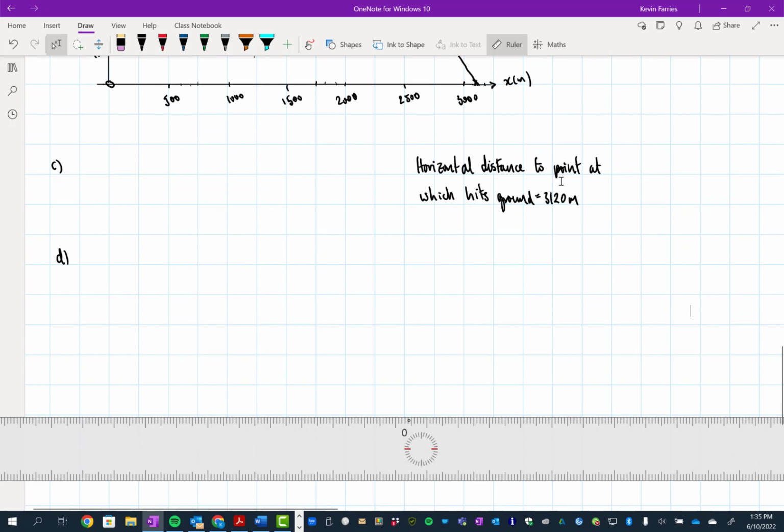So that one is where we're putting v equals 0. So at, let's say, max height, the velocity in the y direction equals 0.